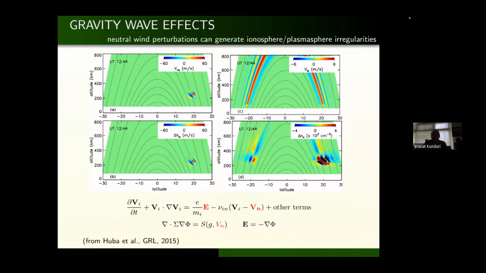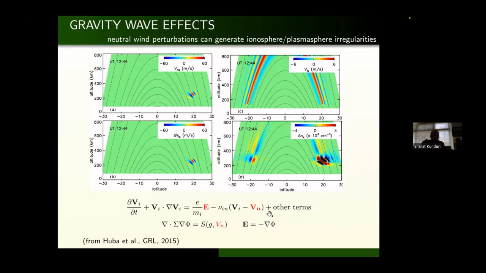So in terms of how the thermosphere affects the ionosphere, the primary drivers would be the fluctuations in the neutral wind associated with gravity waves. And this tries to highlight how you're actually affecting the ionosphere. On the bottom, we have the velocity equation, and there are two places the neutral wind comes in.